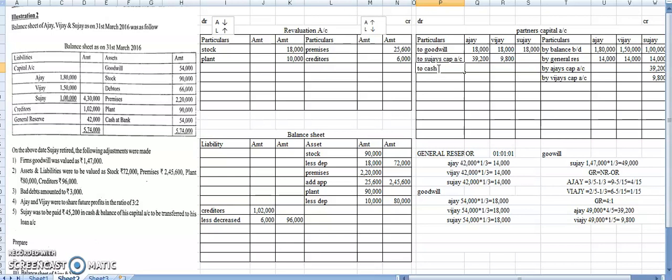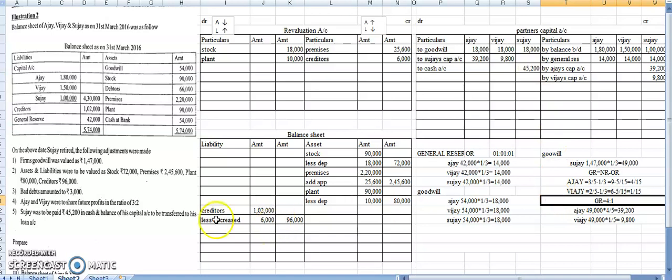Whatever we are paying to the partner, that will come on debit side of partner's capital account. So debit side of partner's capital account in cash. So to cash account, and how much we are paying? 45,200 to Sujoy. So I am writing it in Sujoy's column, 45,200.